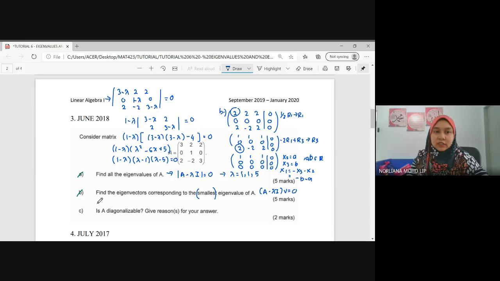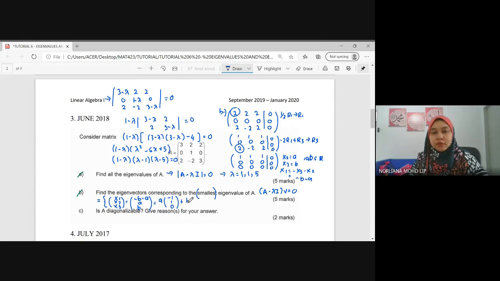So we have the eigenvector equal to, masukkanlah. So x1, x2, x3. x1 is negative B minus A. x2 is A and x3 is B. Then we factorize A and B. So A, factorize A, we have negative 1, 1, 0.